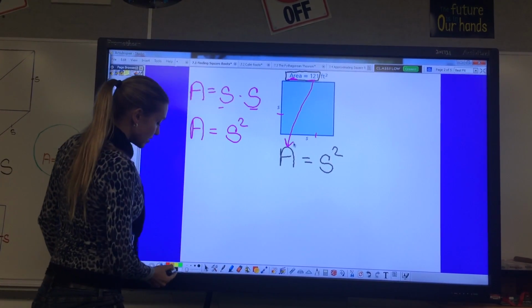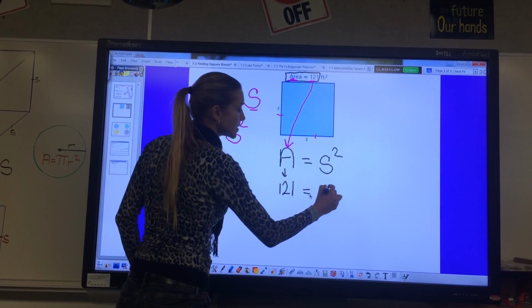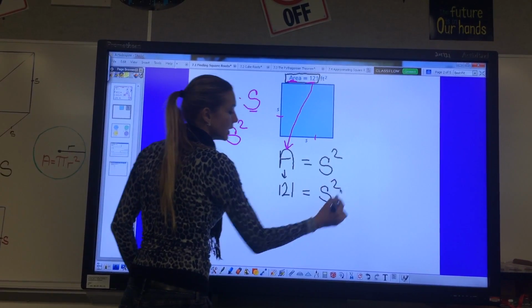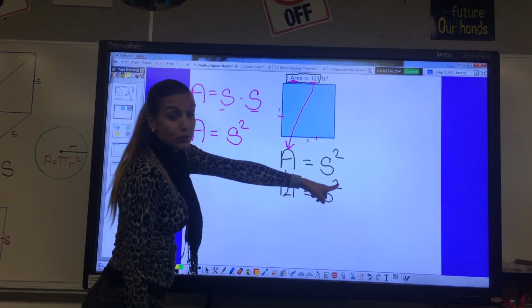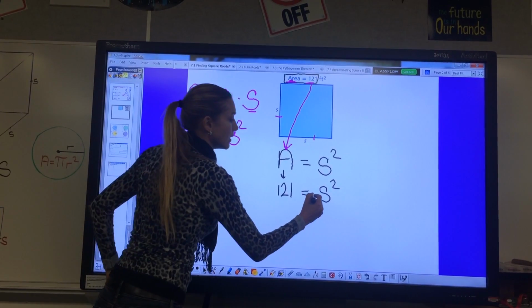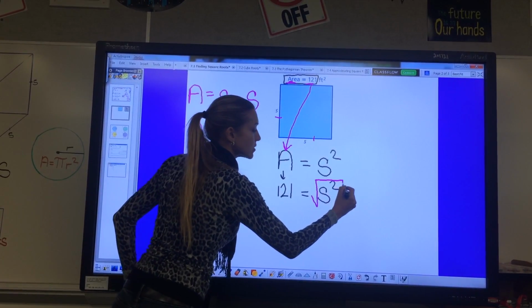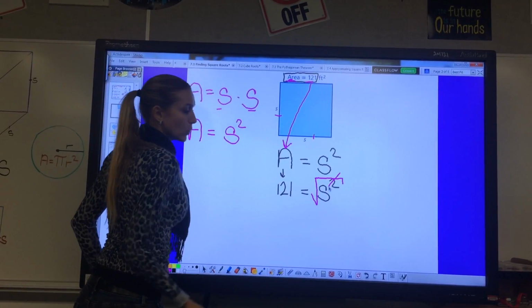So we have A, 121, equals side squared. Now, what we've talked about earlier, we said we have to get rid of the exponent, and there's only one way to get rid of that exponent, and that is by taking a square root. Square root will cancel out that square.